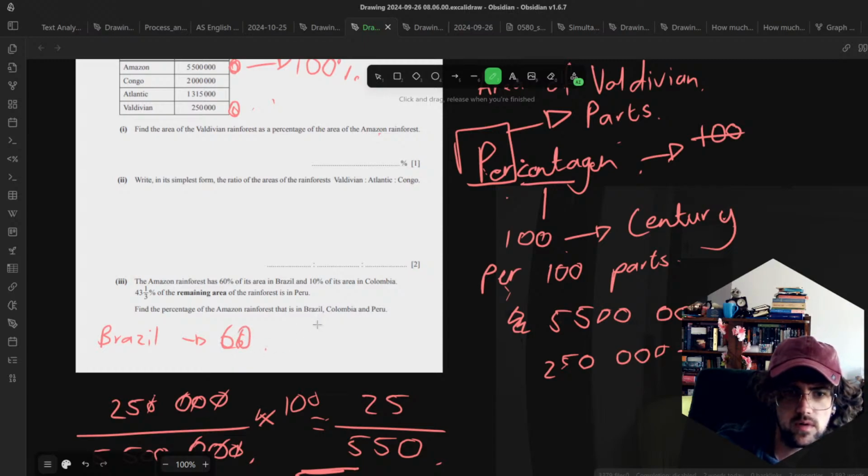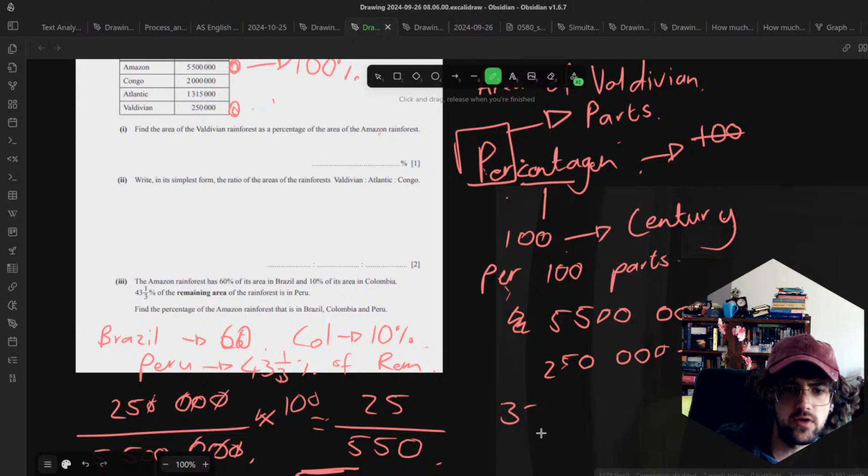Okay. Colombia, I've got 10%. Now, Peru is 43% of the remaining area. Okay, so I've got 60, 70.